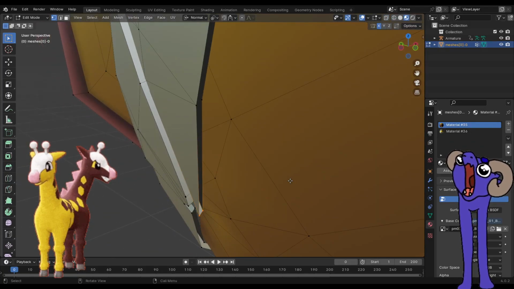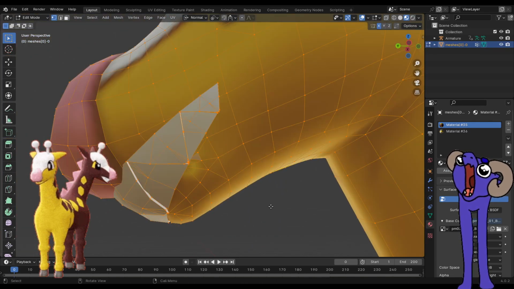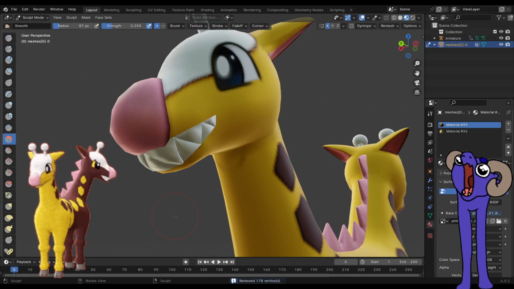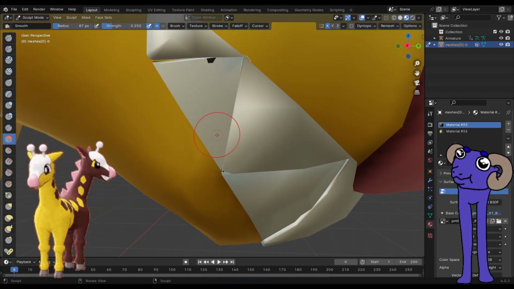I get the feeling that there's possibly more than one set of teeth here, so I might try doing a merge, which has apparently messed up the UVs.